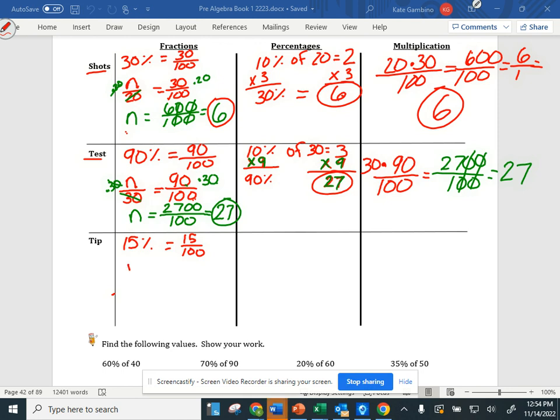So we want to know how much we left out of $40 if what we're leaving is 15% and $40 is 100%. So we want to find that n. What are we leaving out of $40? Remember, we want that n by itself, so we're going to multiply by 40.